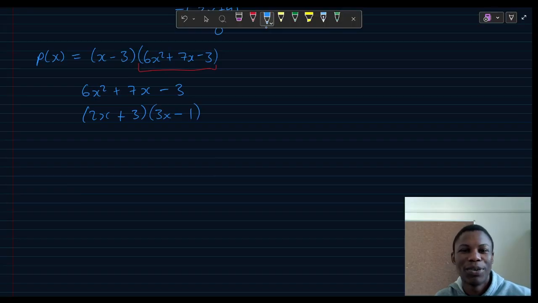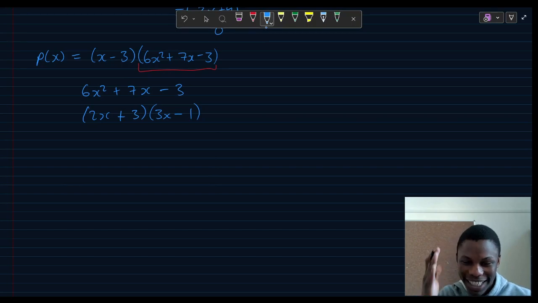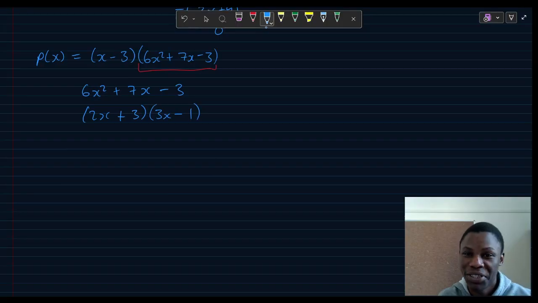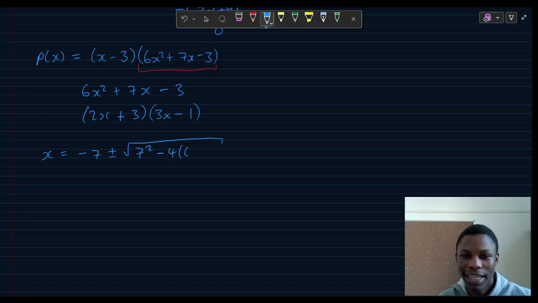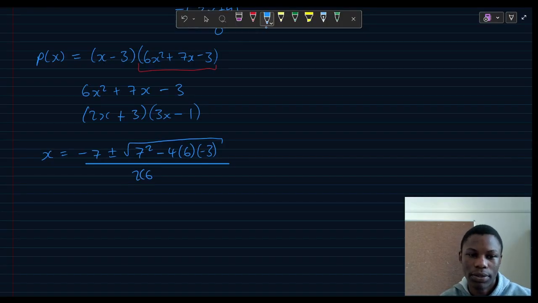If you never want to factorize and you live by the quadratic formula, then this is the approach that you can take. You can use the quadratic formula as normal and say x is equal to minus b plus or minus the square root of b squared minus 4ac over 2a, so 2 times 6.